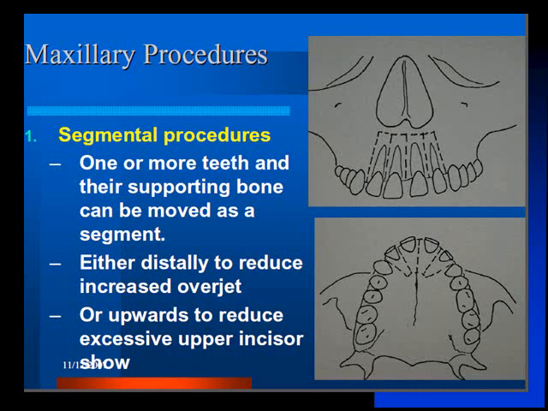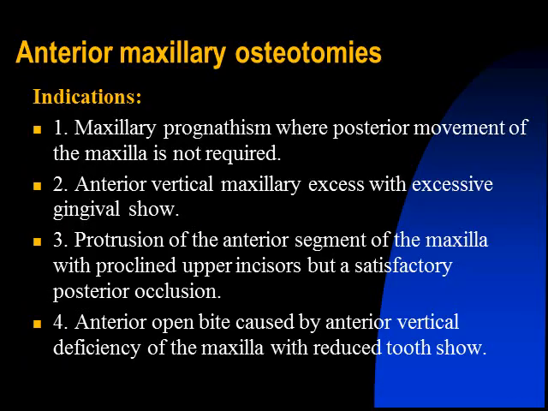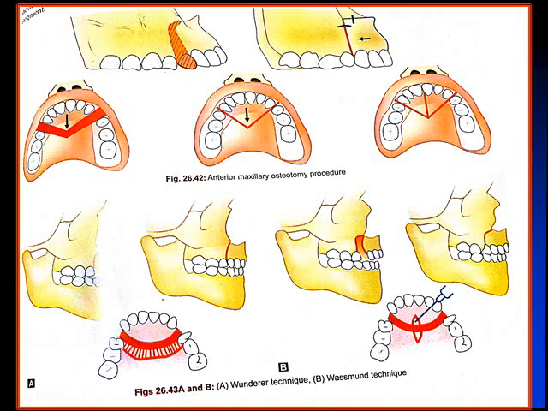The most common technique in the maxilla is the Le Fort 1 osteotomy, in which we can make different movements. In some cases we can do bone cuts only in the anterior part of the maxilla, in the place of the upper first premolars, where the whole maxilla is in a good relationship with the mandible, but the problem is only in the anterior part of the maxilla, or premaxilla, which is protruded or undergrown.